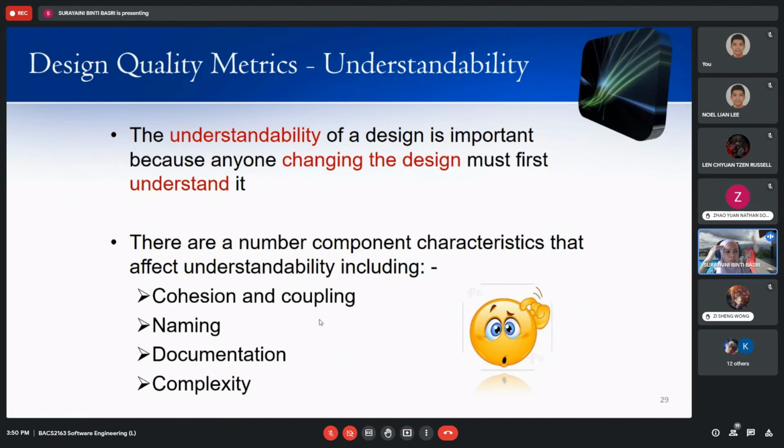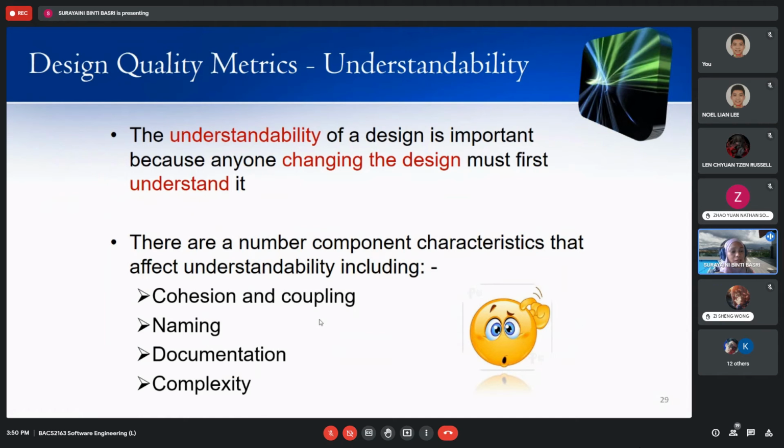Maybe in your SRS the module is named only course, but in your design you name it course registration, so people will not know whether they are referring to the same module or not.